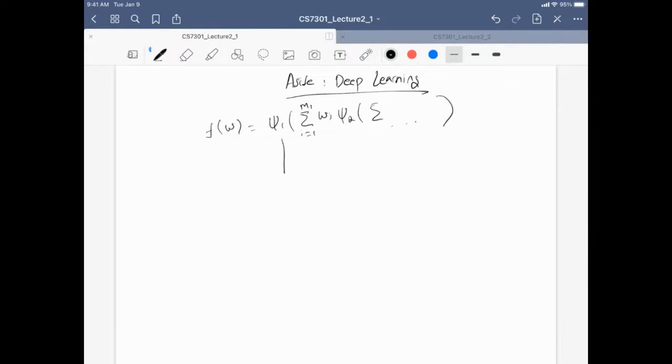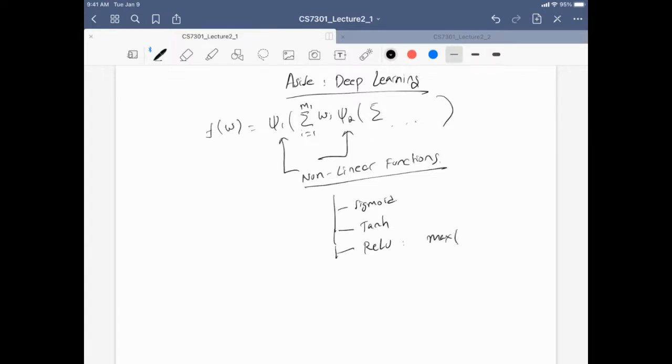And each of these are non-linear functions. Examples of non-linear functions are, for example, the sigmoid, or tanh, or something that is being used a lot, which is rectified linear, right? And rectified linear is nothing but you take a max of x comma 0, right? So it's a function something like this.